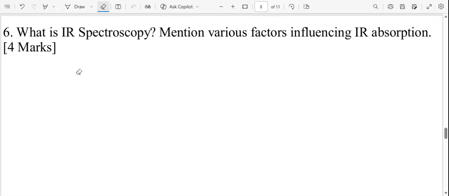So question 6. We are now describing what IR spectroscopy is and mentioning various factors that affect IR spectroscopy.